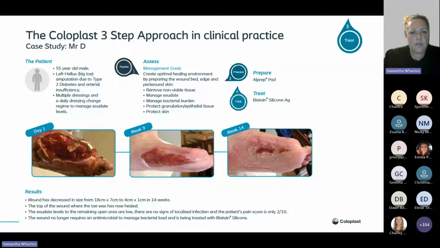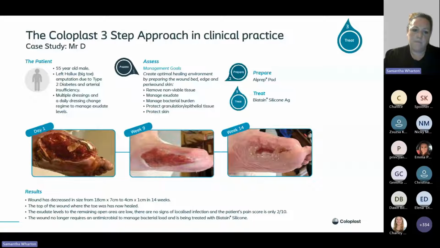Through using assess, prepare with the prep pad and treat with Biatain Silicone Ag, we then progressed that picture of day 1 to week 9. You can see that is such a substantial change within that wound bed. It's reduced in size. There's lovely pink granulation tissue present. And at day 1, when he was first seen, they were actually talking about doing a further amputation.